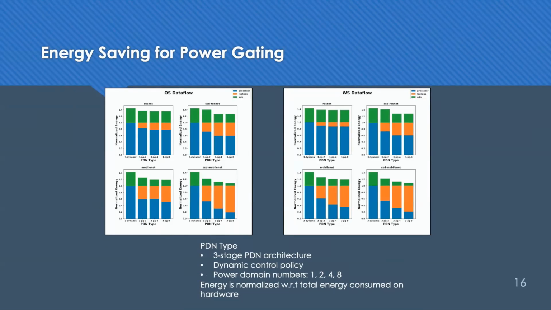The power gating reduces PDN energy overhead by up to 5.1 times and leakage energy by up to 5.3 times. The results suggest that fine-grained power gating with more than 4 power domains has less additional benefit for heavyweight models with a larger average number of filters per layer. And SSD applications benefit more since they have a higher percentage of layers with fewer filters.